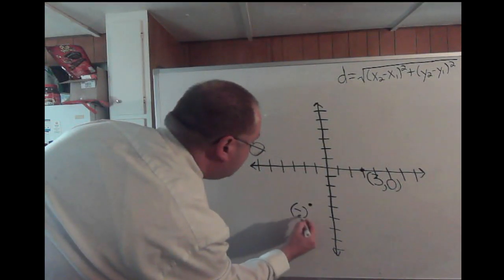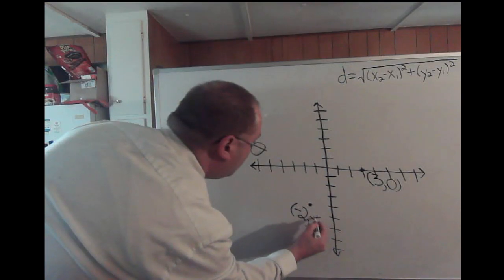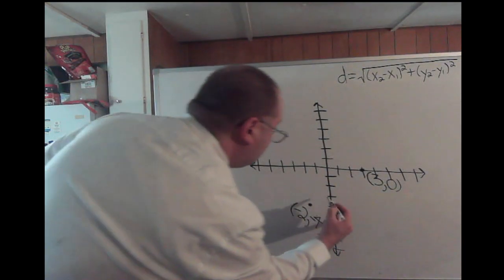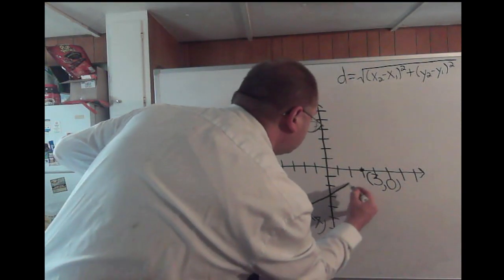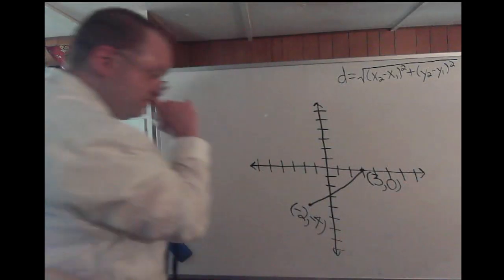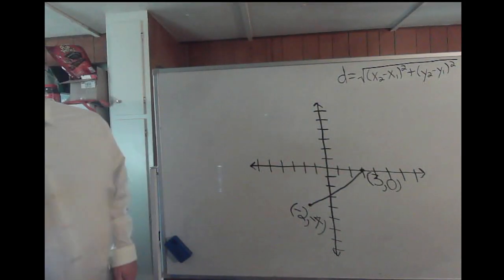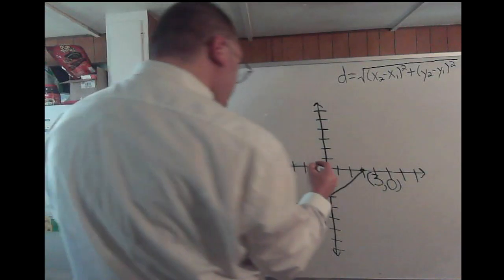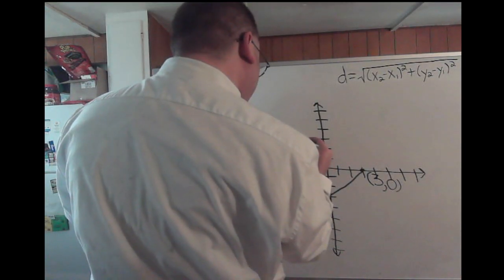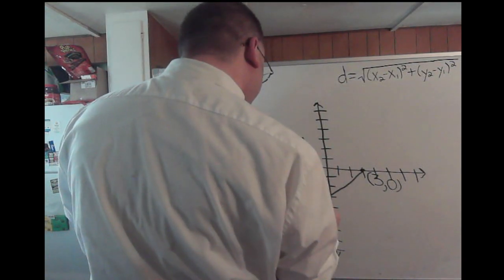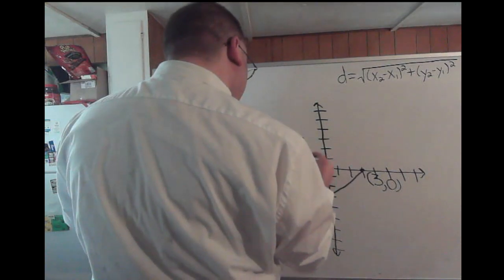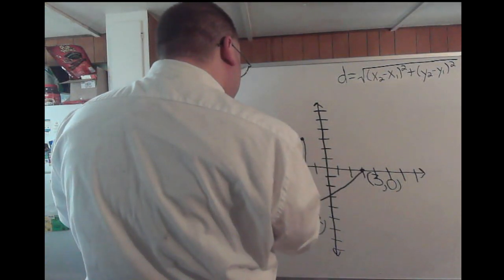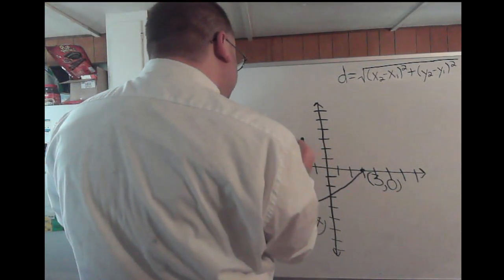Got the point -2, -4. And I'm just going to simply connect the dots. Let's connect the dots here. Then I have -2, 3. Let me label the points.